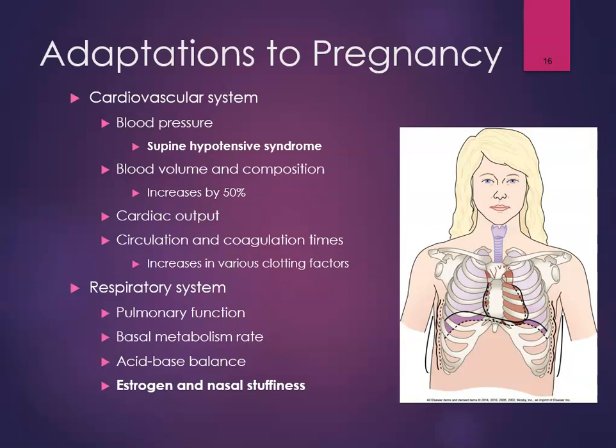Why is that? Well, that's actually a dilutional situation. So I just talked about their blood volume increases by 50%. When you're talking about hematocrit, that's a percentage of the amount of blood cells you have, compared to the volume. So if your fluid increases, then that percentage is going to go down as far as the solid cells. So their hematocrit will go down a little bit, things like that.